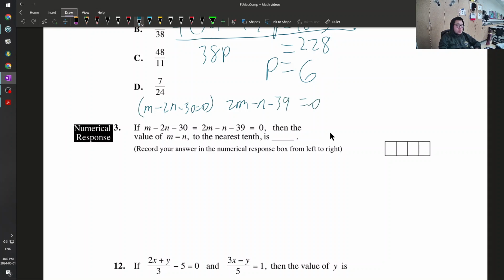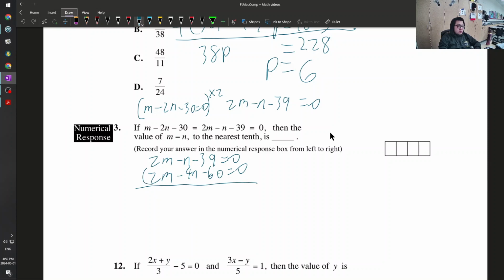So rewrite this as two different things. I am going to multiply this by 2 and then write it on the bottom of this. So 2m minus n minus 39 is equal to 0. Multiply this by 2: 2m minus 4n minus 60 is equal to 0.